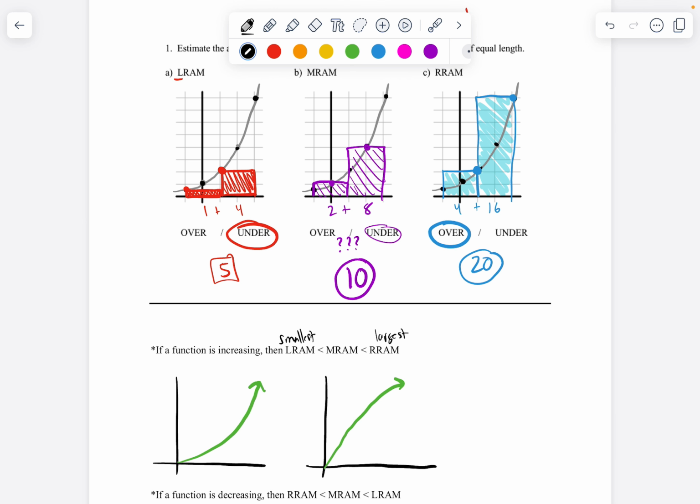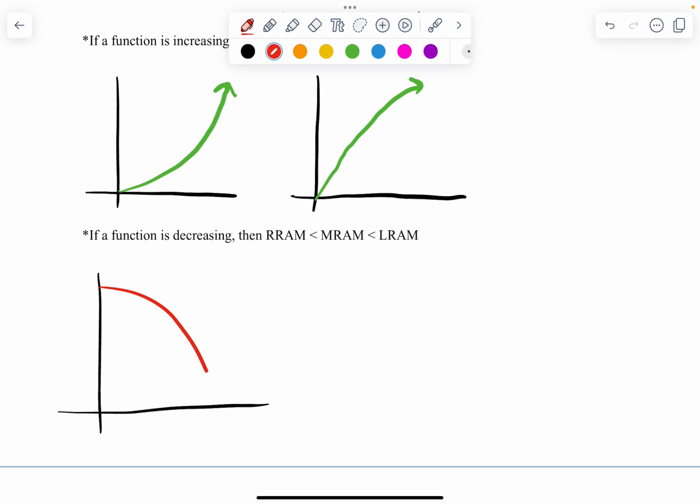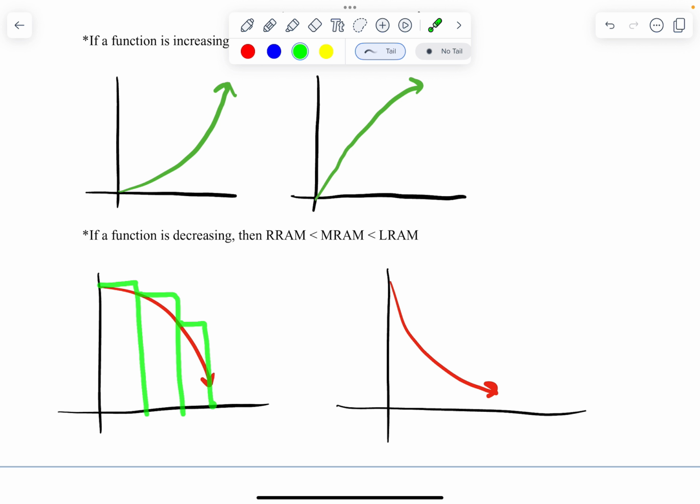We've been having increasing graphs. What happens if I have a decreasing graph? And I'll kind of show you guys this. A decreasing graph is going to look like this. So it's either going down like this, or it's going down slowly or more quickly like this. So, for example, I'll just do a really quick LRAM and RRAM. If I did LRAM, wouldn't it look like this? Where now the LRAM is touching in the left corner. That's over.